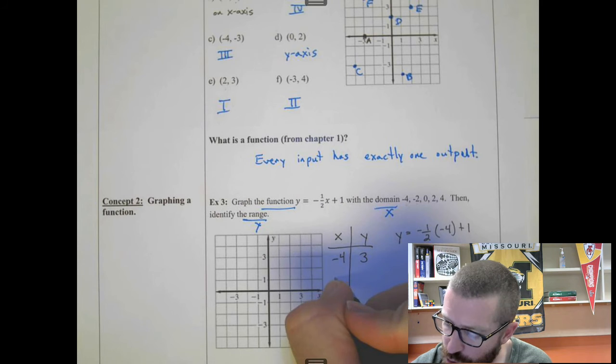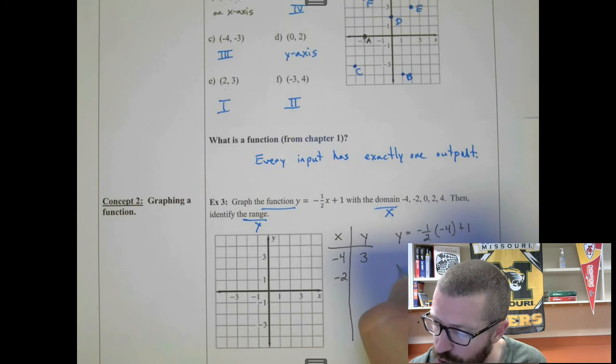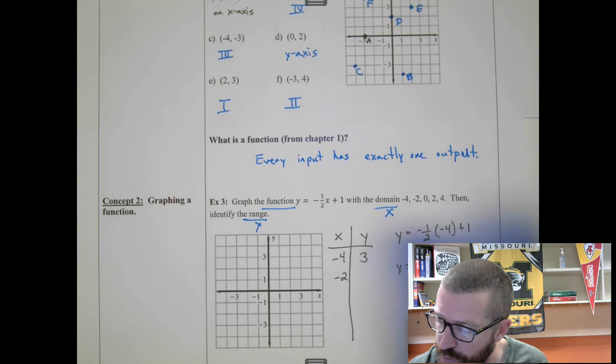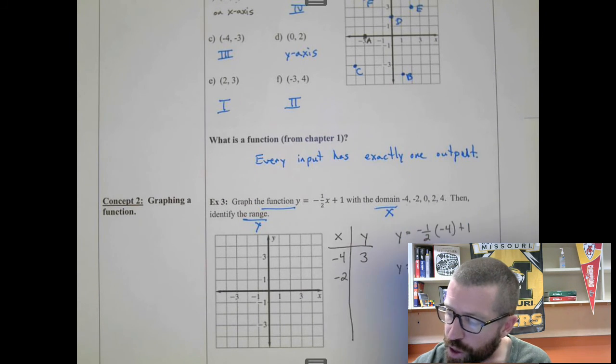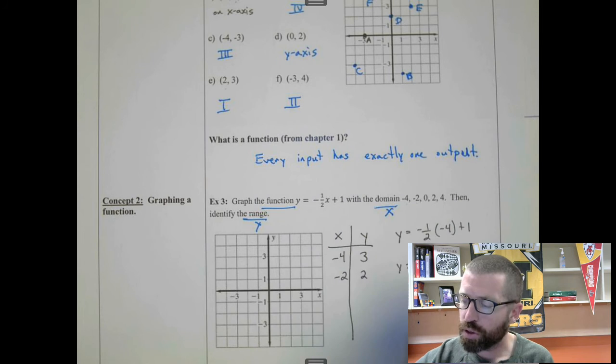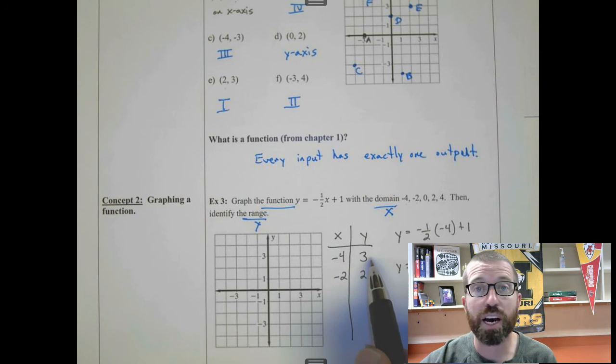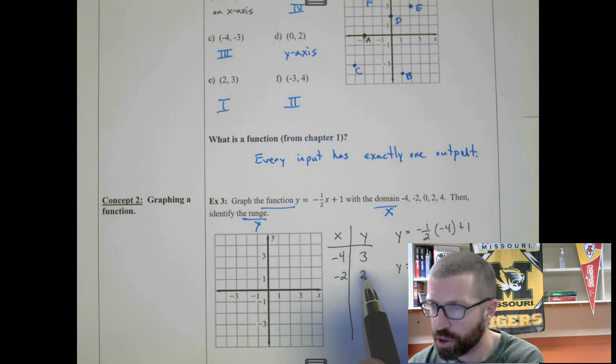Okay, then plug in -2, and you start looking for patterns too. So here we multiply, and we get +1, and then +1 is 2. Okay, so here I went up 2 on the x's, and I've gone down 1 on the y so far.